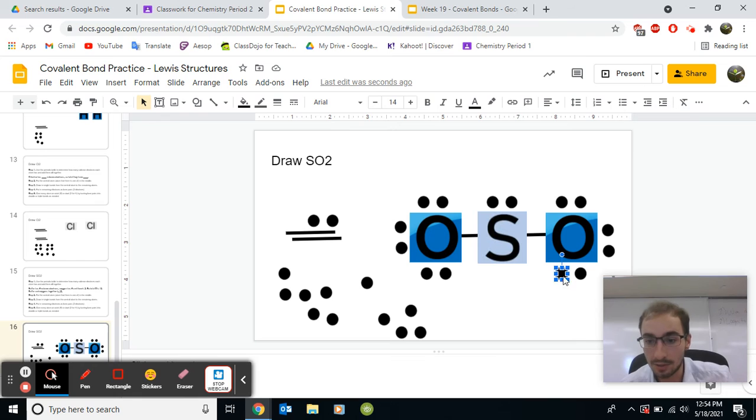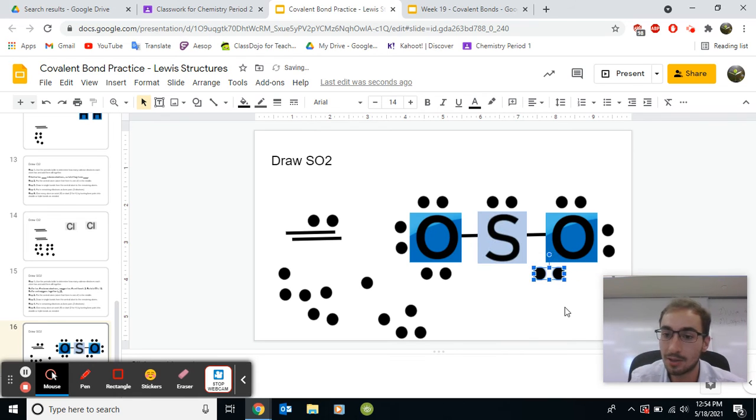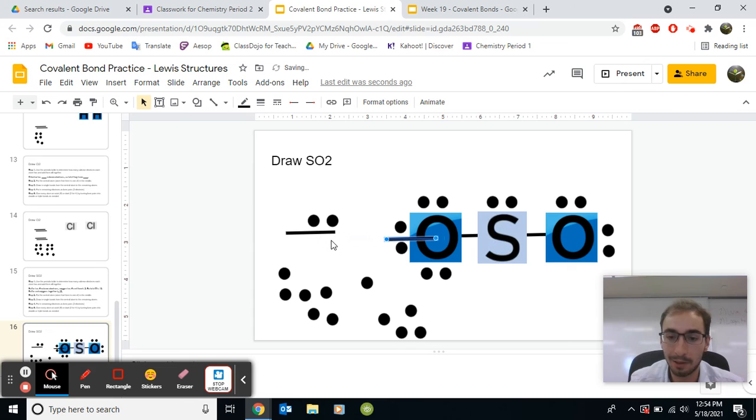This situation does call for it. So you're going to turn a lone pair from either oxygen into a double bond. Hypothetically, this lone pair will move and go into this double bond because they need it. But you won't actually put the lone pair there. The lone pair will become a double bond. It could be either oxygen. I just picked the one on the right.